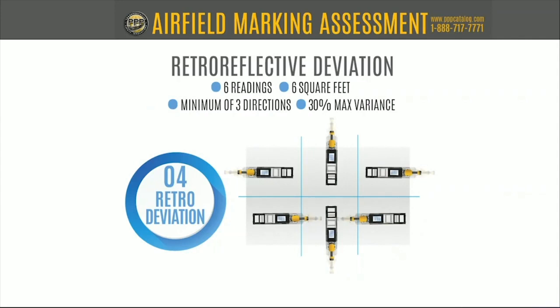What we see during our airfield marking assessments is that material distribution is very often inadequate, and it relates directly to how uniform the marking is. So looking not only for performance, but uniformity in performance, is key.